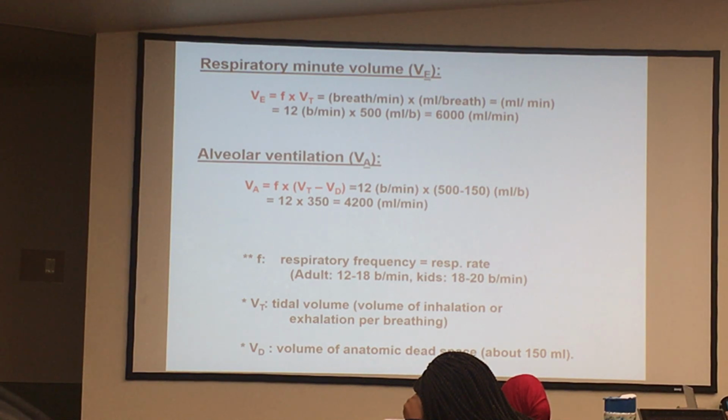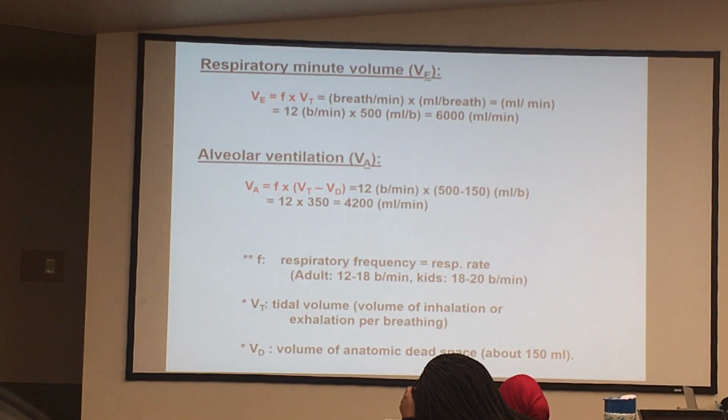But we have the nasal cavity, trachea, and bronchi, which do not reach the alveoli, so it's not exactly the volume. So how we do it is, VT, the tidal volume every minute, 500 ml, but we have to subtract VD, the volume of anatomical dead space.